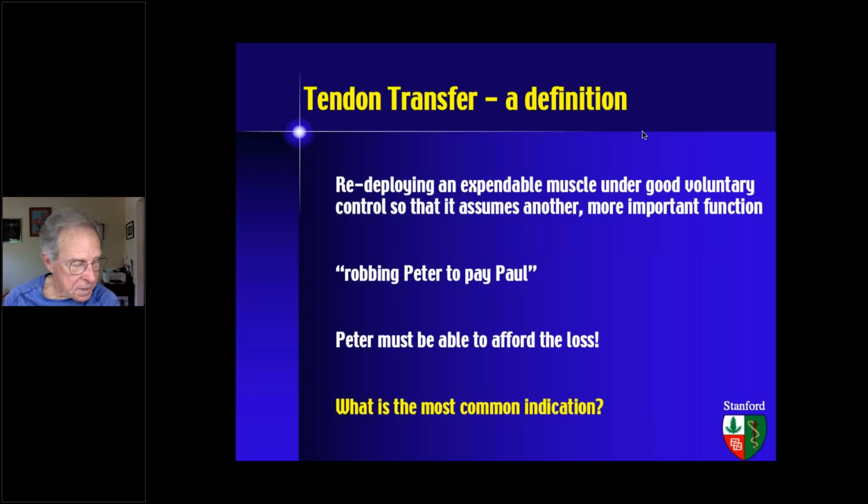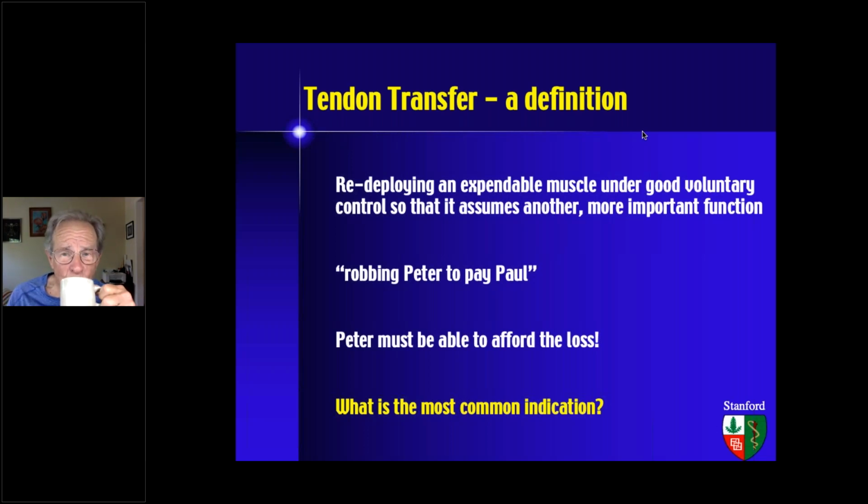So now we can ask Danny, what's the most common indication for muscle tendon transfers? Sorry about that, I got temporarily disconnected. Okay, I'll ask again. What would you say is the most common indication?